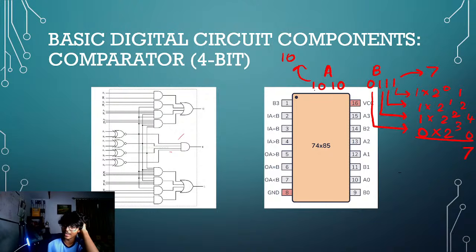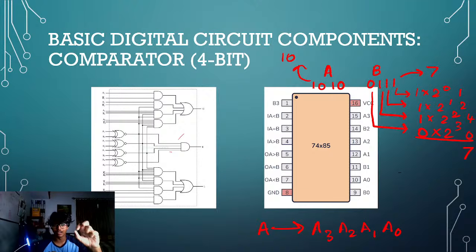Anyway, our number A can be represented by 4 bits. We'll call those bits A3, A2, A1, and A0. Bits are just one data point, either 0 or 1.